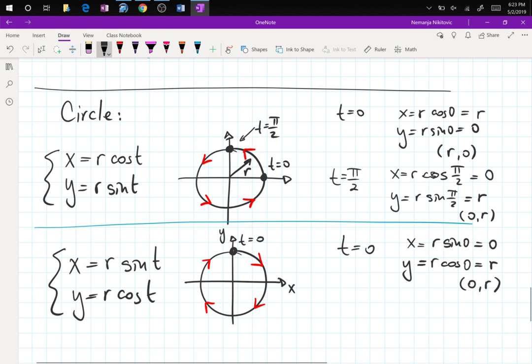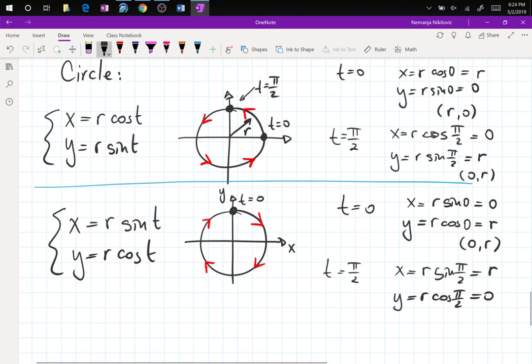You just have to follow math, right? You're not memorizing anything here. And if t is pi over 2, your x is r sine pi over 2, which is r, and your y is r cosine pi over 2, which is 0. So now you have r, 0, which is this point.